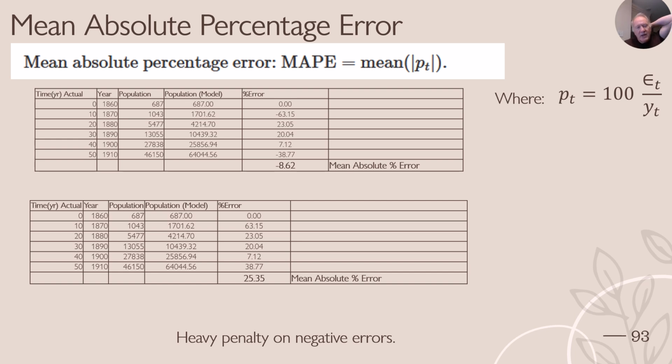So we'll take the population minus our model, and then divide by the population, and we'll get these values, and the mean percent error is about negative 8.62. And if we use the mean absolute percentage error, we end up with about 25%.